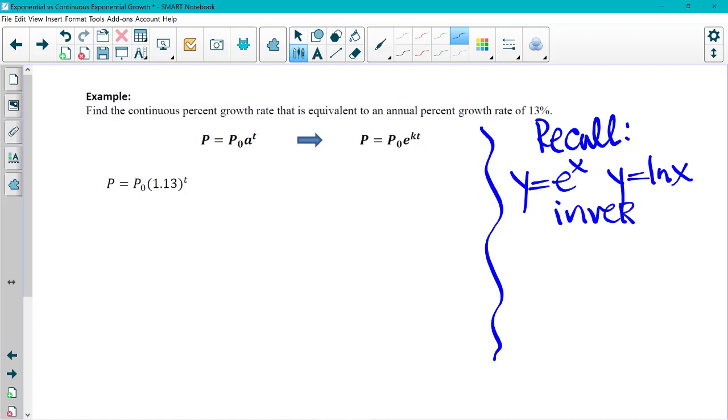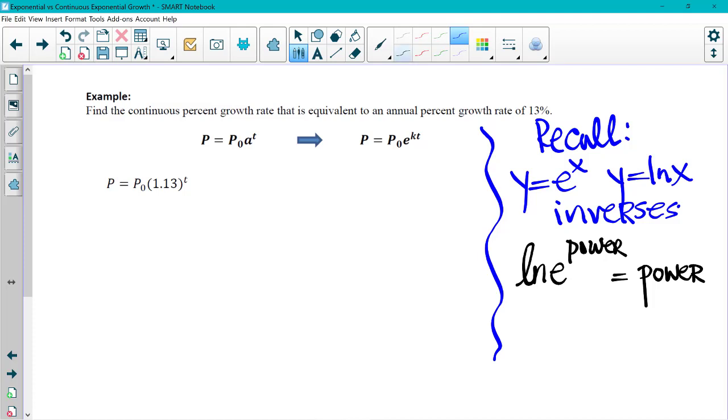You learned in college algebra some properties of inverse functions. One says that the natural log of e to some power gives you that power, because one is undoing the other. It's the inverse property.